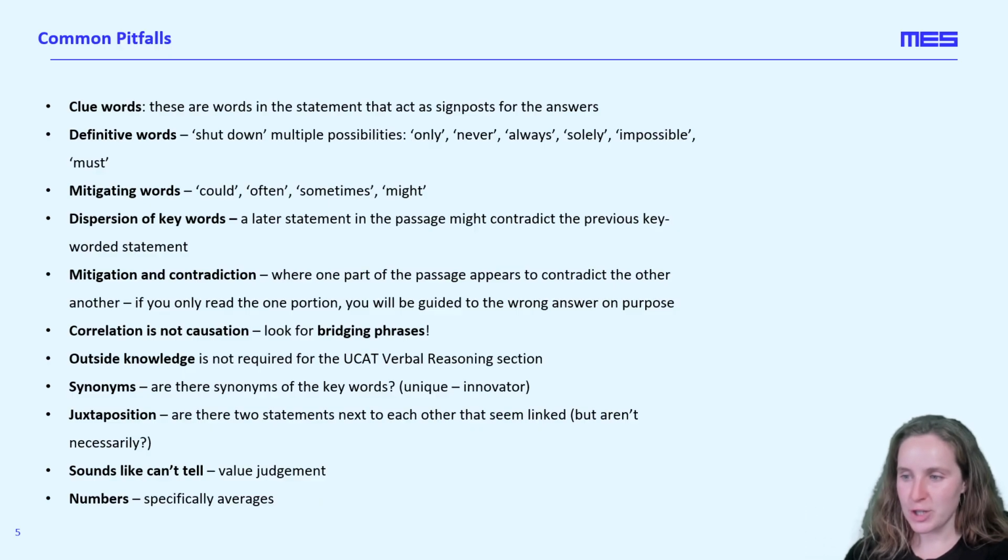Similarly, juxtaposition, as we've covered in this video already: are there two statements next to each other that seem linked, but you can't prove, based on the information here, that they actually specifically are?